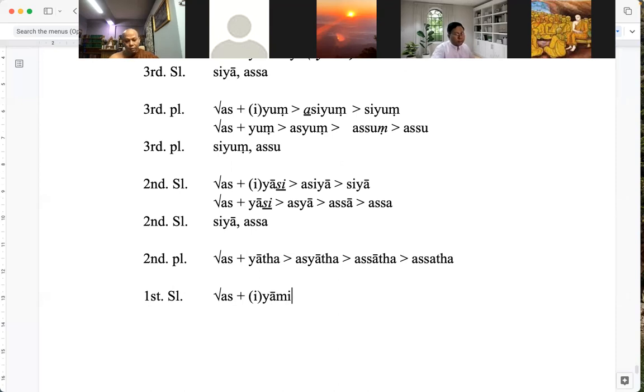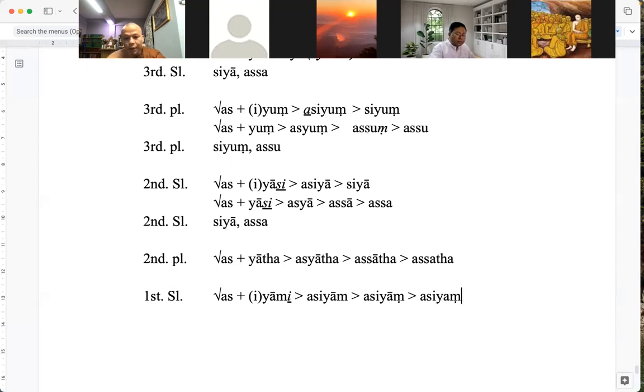So now we have the asiyam. So this e gets dropped, and then this ma also changes to the negative. So that is why asiyam. Before the negative, this becomes short.